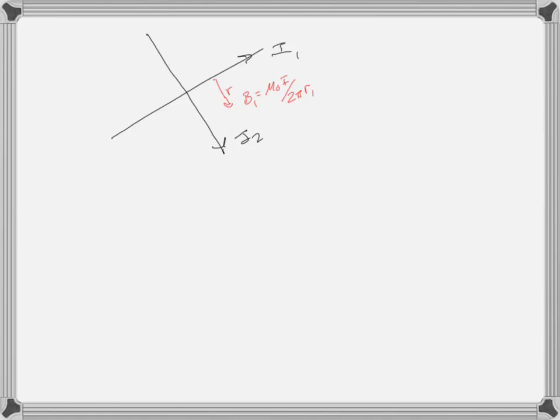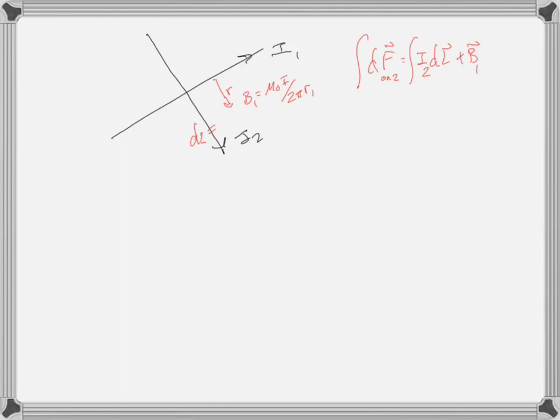So in order to do this problem, we would have to do an integral: dF equals I dl cross B. We would take a little dl of I2, so dF on 2 is the current I2 in the magnetic field B1, and B1 varies, so we would have to integrate along the wire. But we're not going to do that. We could, but we're not, and I'm going to show you why.